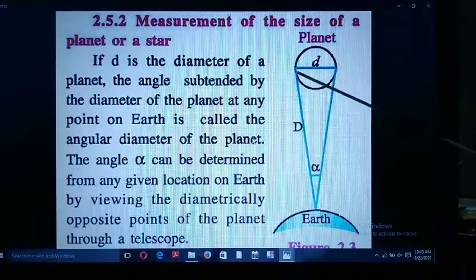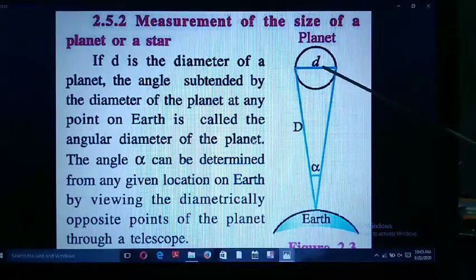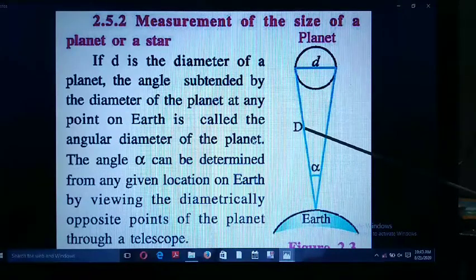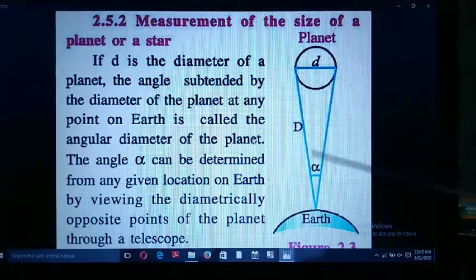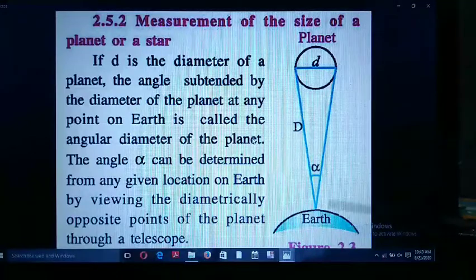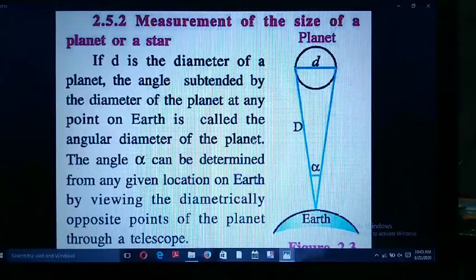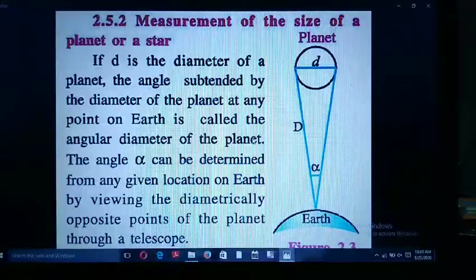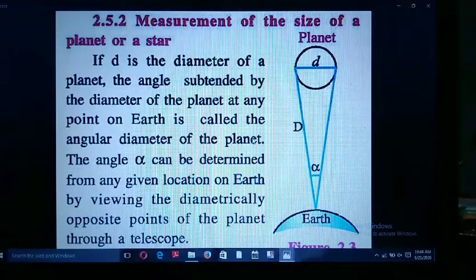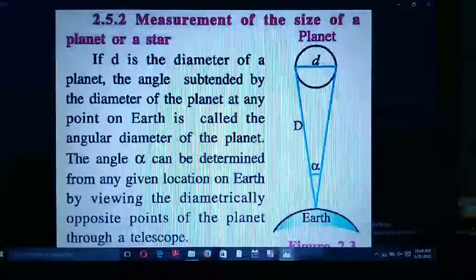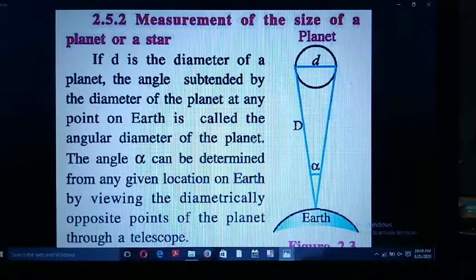Here now we have one planet and its diameter is denoted by small d. Here capital D is the distance between Earth and planet. Suppose now we want to find out small d. With the help of the definition of angle, alpha is equal to arc upon radius.